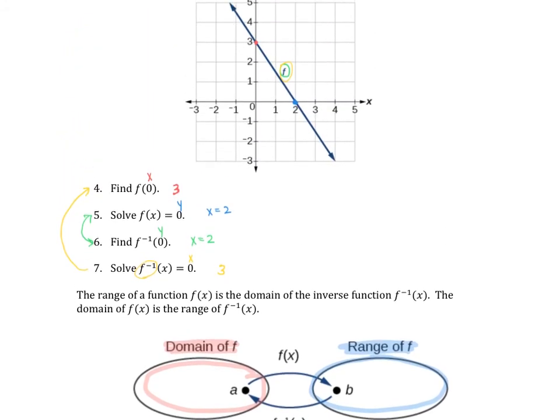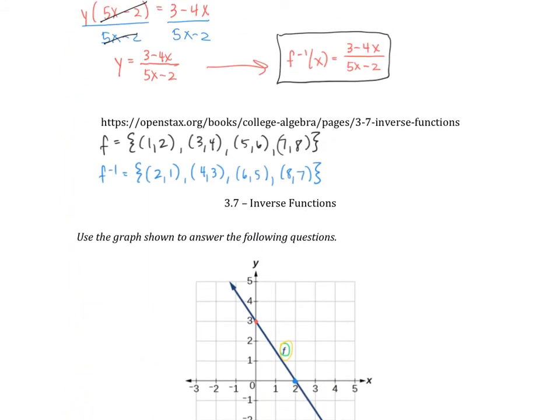I want to go back to my ordered pairs here. Notice that the domain of the original function f includes the numbers 1, 3, 5, and 7.